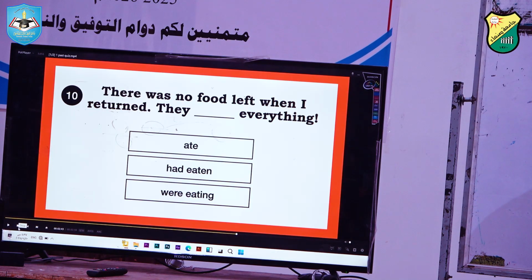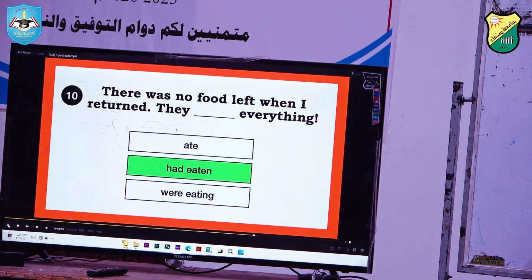There was no food left when I returned. They, everything. Two actions in the past. They had eaten.